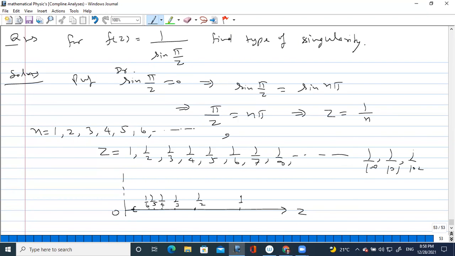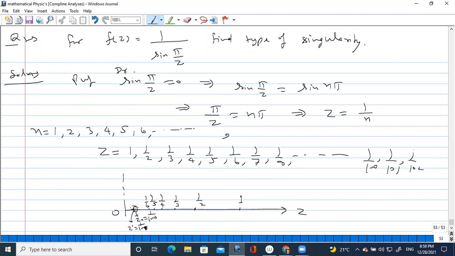So if I draw a circle here, the other points will also lie in it. Understood? Suppose I am saying z0 equal to 1 by 100. If you put a circle about z0 equal to 1 by 100, then 1 by 101 will also lie in it.